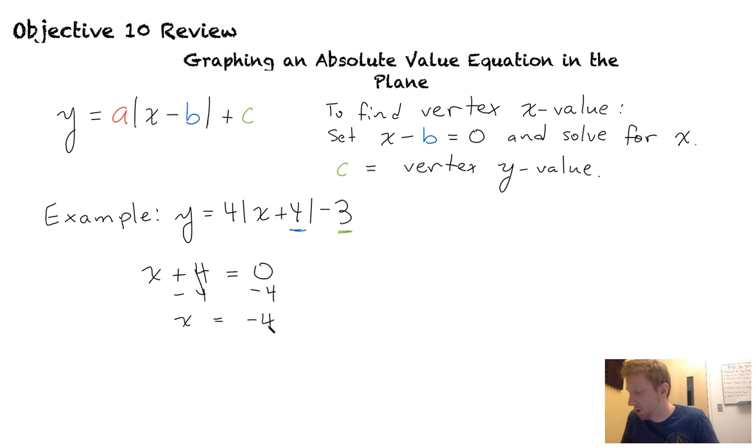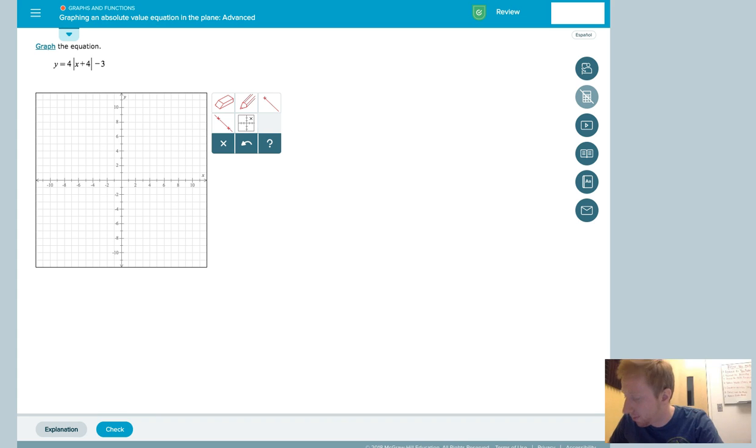So this is the x value of the vertex, negative 4. And then we see that the y value will be negative 3, based on our c value being negative 3. And this is what we will plot on the graph, negative 4 comma negative 3. So we'll plot this point now.